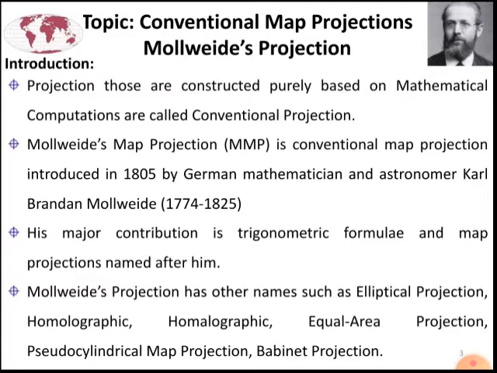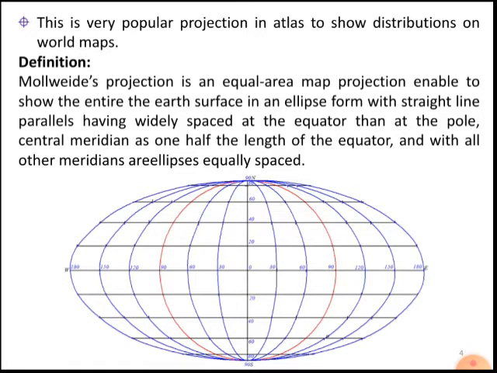The Mollweide projection has other names such as elliptical projection, homolographic projection, homolographic equal area projection, pseudo-cylindrical projection, and the Babinet projection. So these are the different names. This is a very popular projection in atlases to show the distribution on world maps.